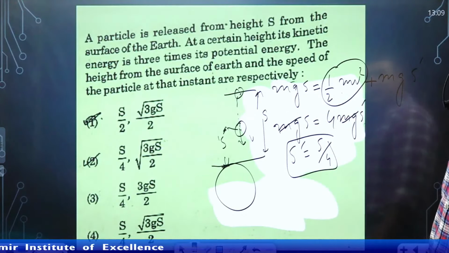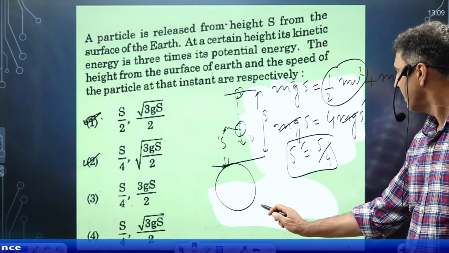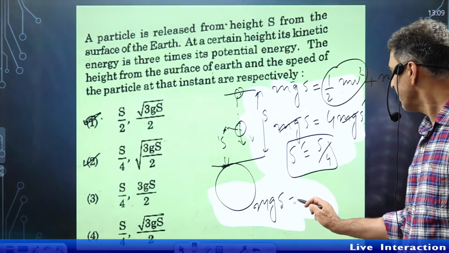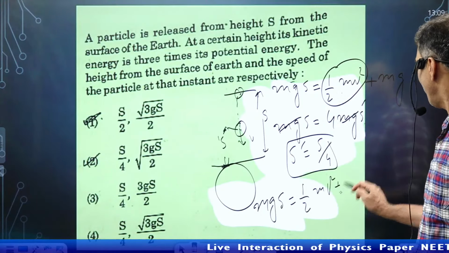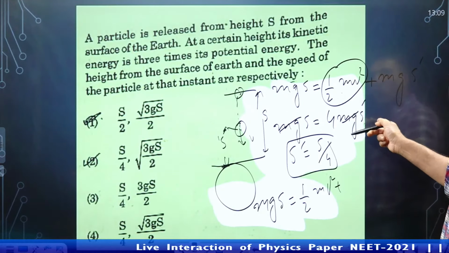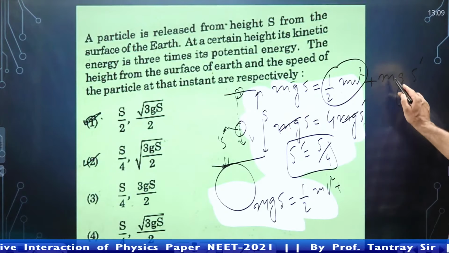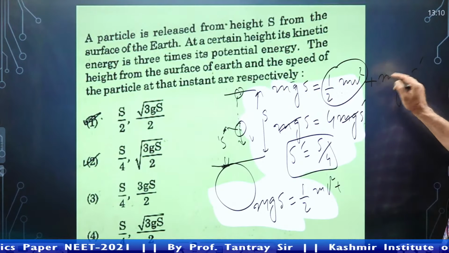Now what should be the speed? So I will try to find the speed. I can find it like this, have a look. mgs is equal to 1/2 mv square plus the potential energy, which is 1/3 of the kinetic energy. Because he says kinetic energy is 3 times, potential energy should be 1/3 of this.